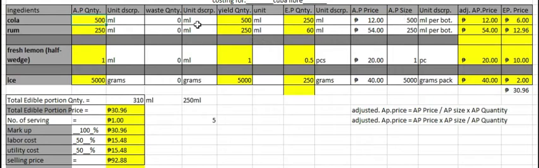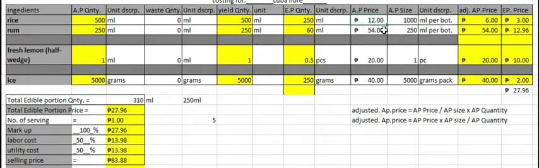So why is there a need to multiply or divide with your AP size and then multiply or divide with your AP quantity? For example, let's take rice.